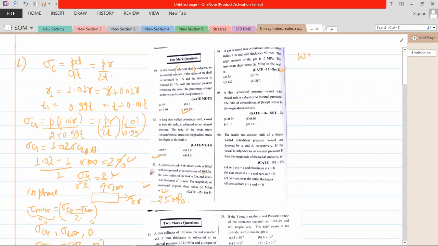Now, the wall is 3D, three dimensional, and when someone asks in the plane, they ask in 2D. So in 2D you have one stress that is circumferential and one stress that is longitudinal. But when they ask in 3D, you have three stress conditions: sigma circumferential, sigma longitudinal, and in the third direction we have 0 stress.